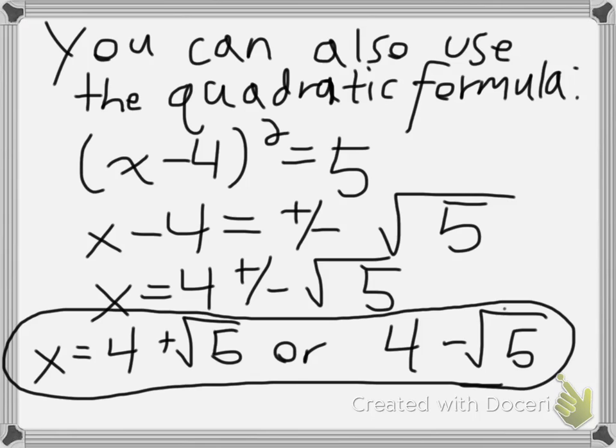So you take the square root of each side, and you get x minus 4 equals plus or minus the square root of 5. And then you add 4 to each side to get the x alone. You get x equals 4 plus or minus square root of 5. So that means the final answer is x equals 4 plus the square root of 5, or x equals 4 minus the square root of 5.